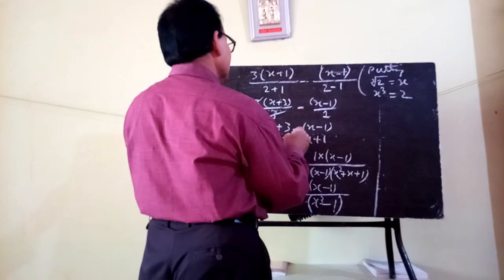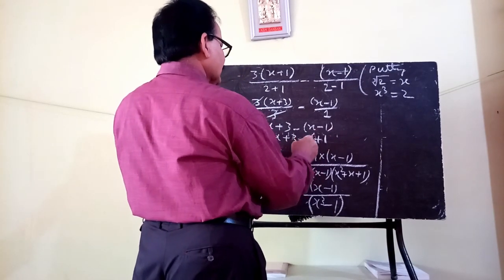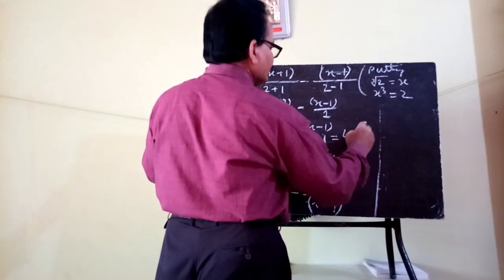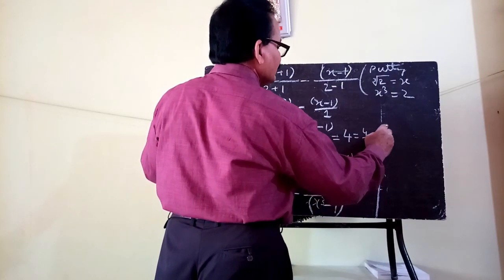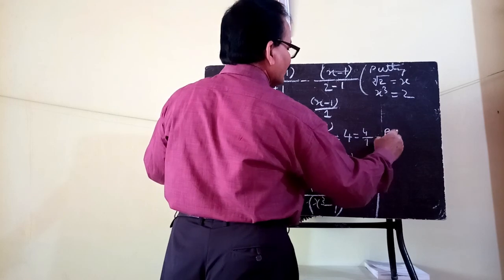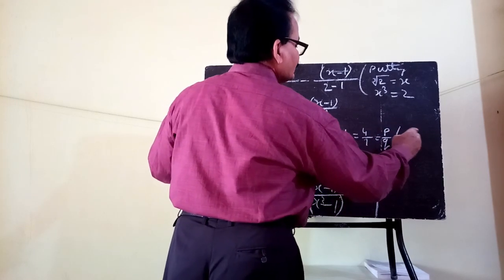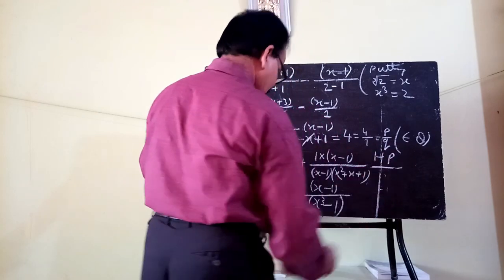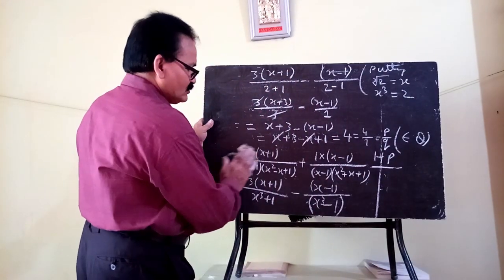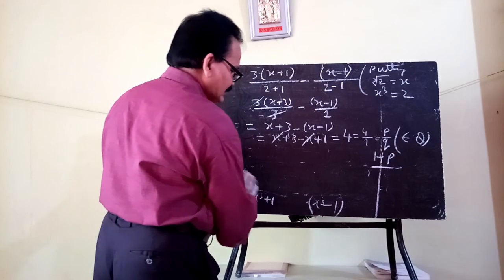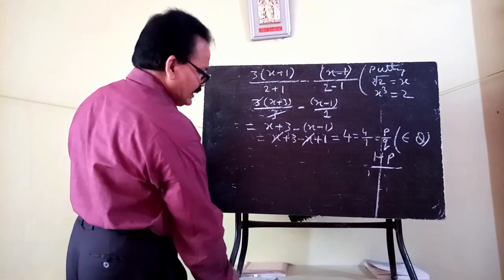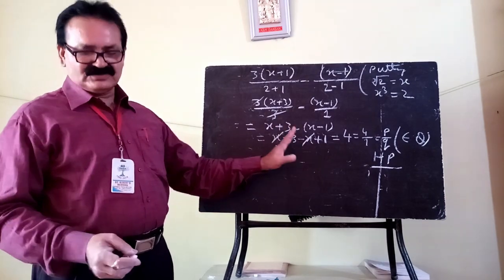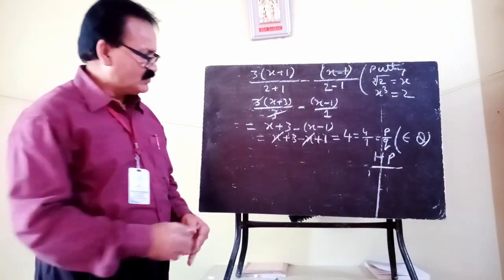Then the final answer, x cancels. This is 4. And 4 means 4 by 1, that is in p by q form. So this belongs to rational, hence proved. So your final answer is 4, and 4 is a rational number. So this question is already proved.